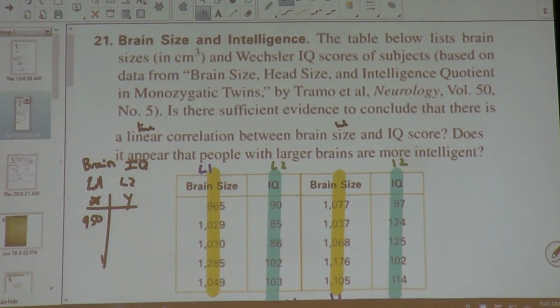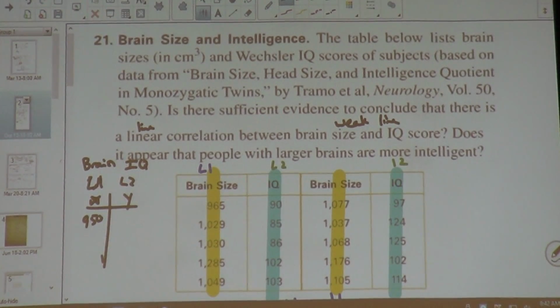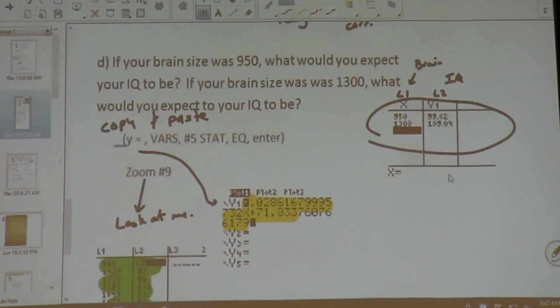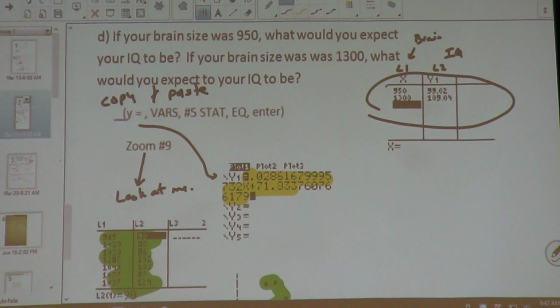It's a weak line. Does it appear that people with larger brains are more intelligent? A little bit. Okay, so if I come down here, this person has a smaller brain, so they have a lower IQ. This person has a larger brain, so they have a larger IQ.